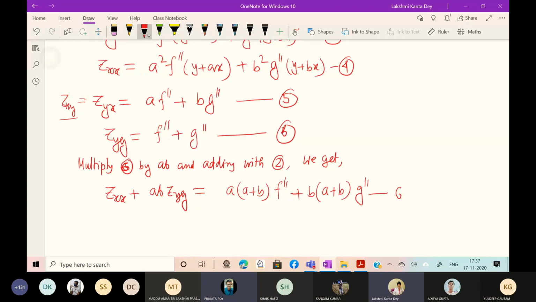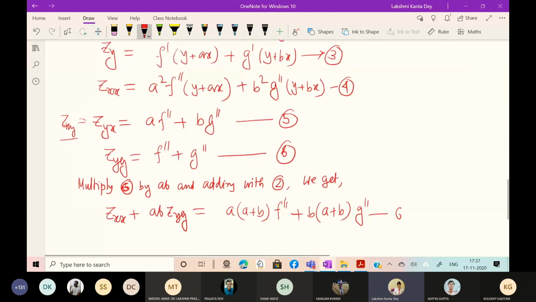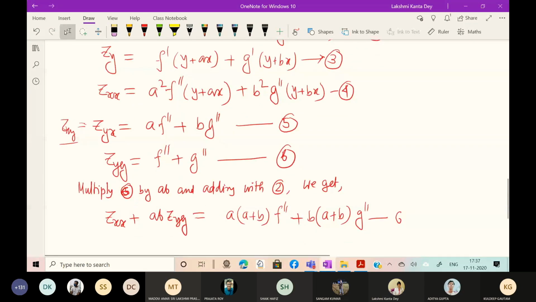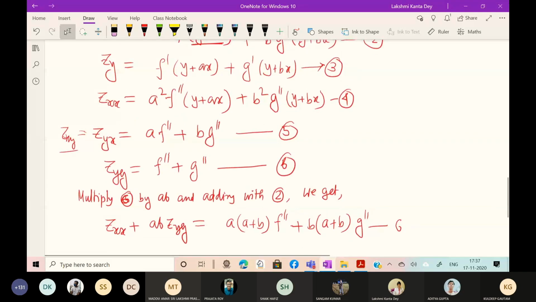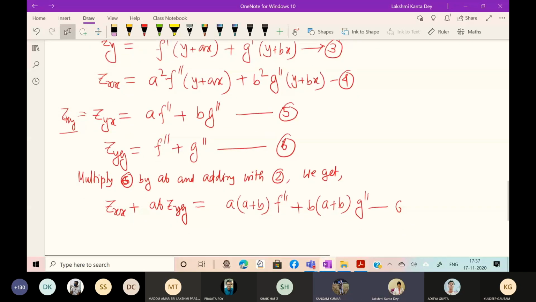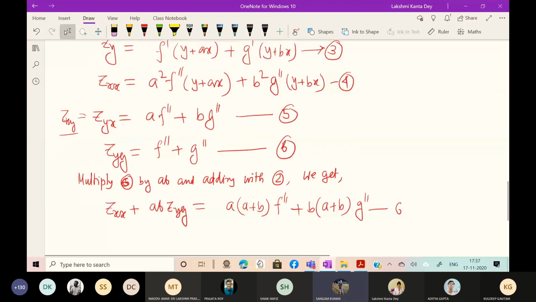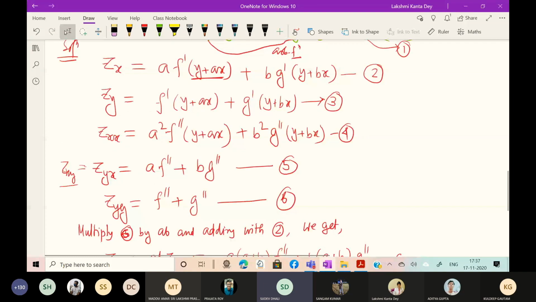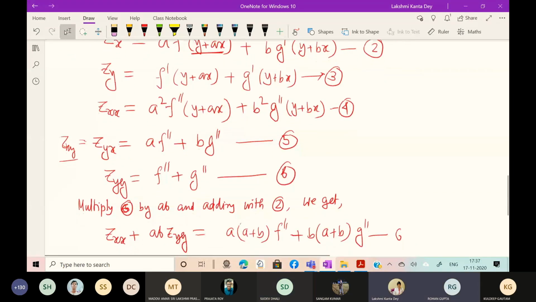Adding with 2, it will be adding with 4. Yes, adding with 4.